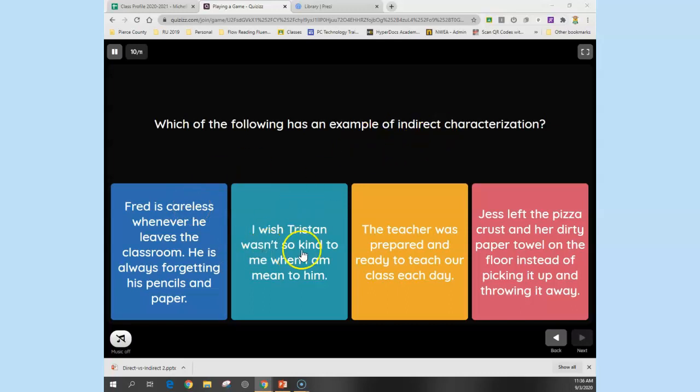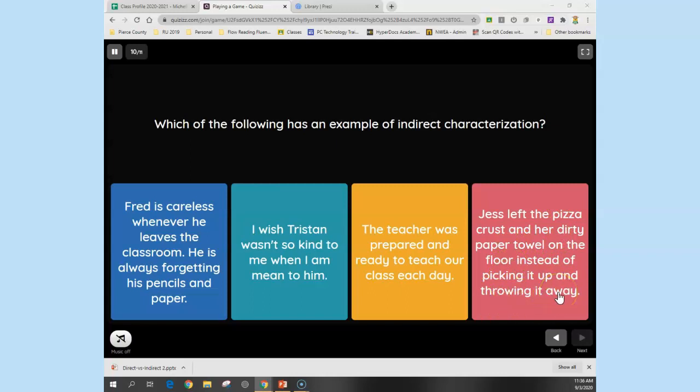I wish Tristan wasn't so kind to me when I'm mean to him. Well, we know Tristan is kind because the author directly tells us. The teacher was prepared and ready to teach our class each day. We know the teacher's prepared and ready. We don't have to guess. The author directly tells us what the teacher is. Jess left the pizza crust and her dirty paper towel on the floor instead of picking it up and throwing it away.